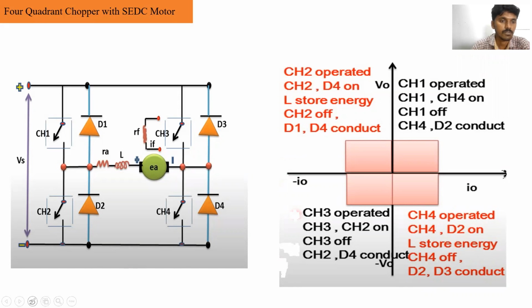Last practical we have seen the 4-quadrant chopper. Generally this 4-quadrant chopper is operated in 4 modes.